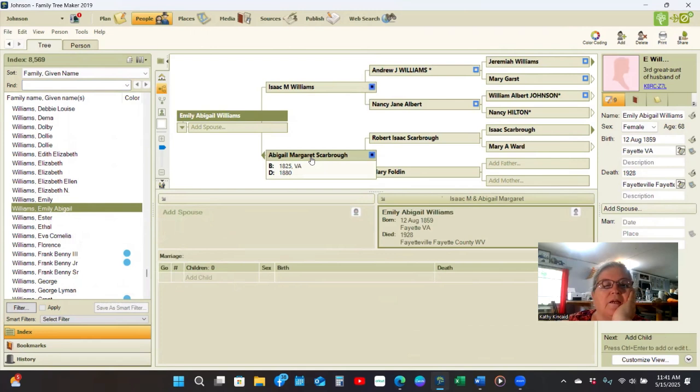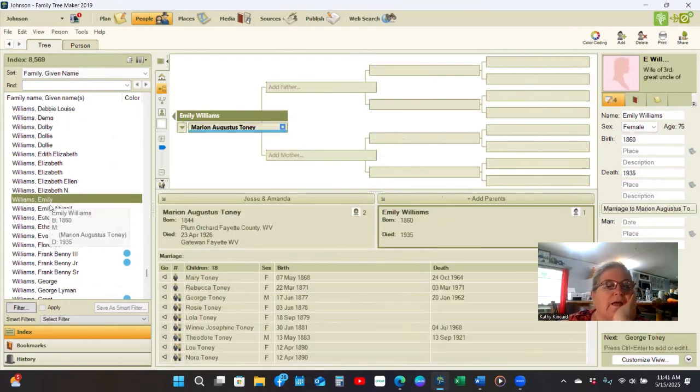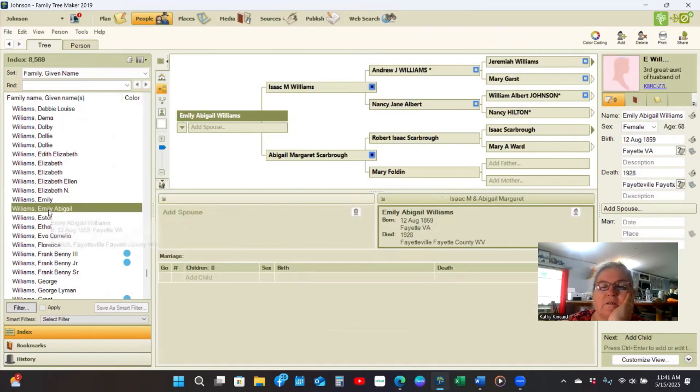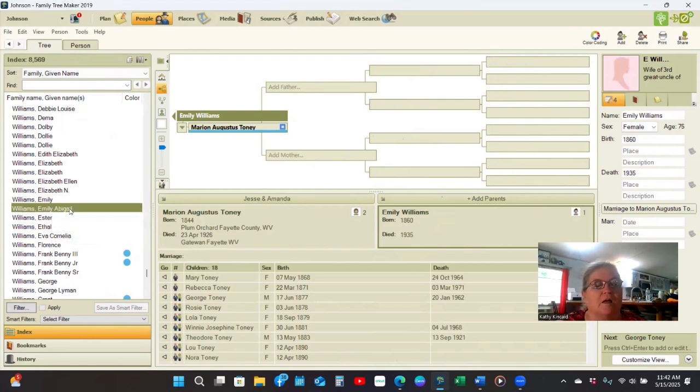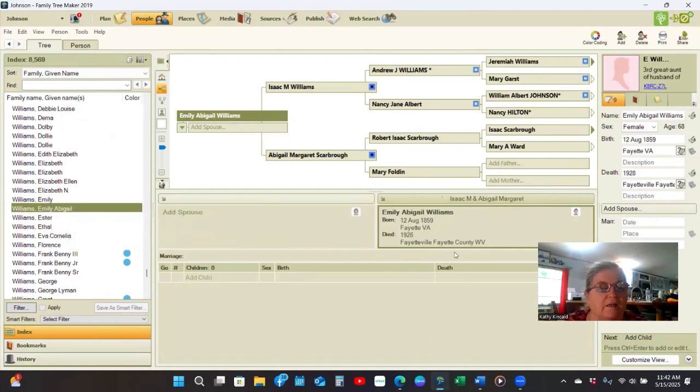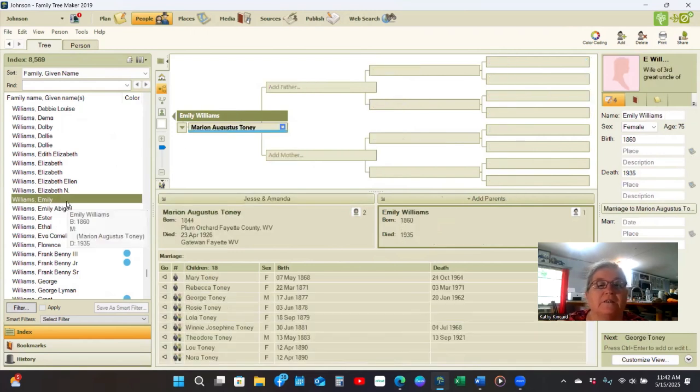I am thinking 1860, 1859. We're not going to do that. We're going to go with this one because this one has the birthdays, but it says she's married to Mary and Augustus.